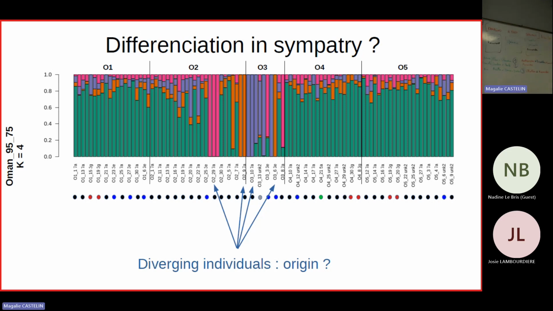If a colony has almost all green, that means it belongs to this group. And some colonies can be, for example, this one could be mixed between two groups. So maybe it's a reproduction between the purple, blue, and green genetic groups.